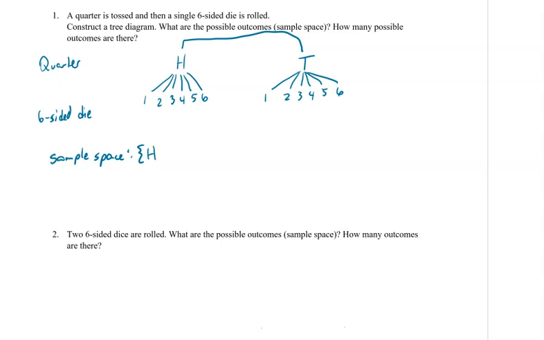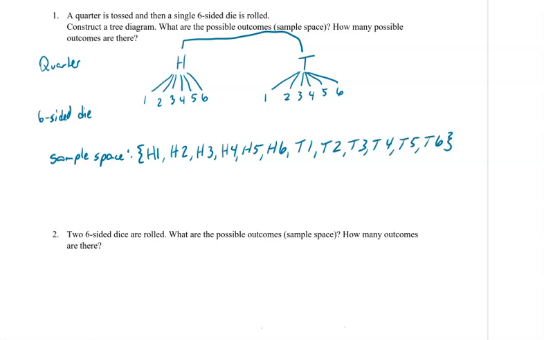So we could get a heads in 1, or a heads in 2, or a heads in 3, or heads in 4, heads in 5, heads in 6. Or we could have got a tails in the first place. So we could have got a tail and then a 1 on the die. Or tails in 2, tails in 3, all the way through tails in 6. And then another curly bracket to end it.